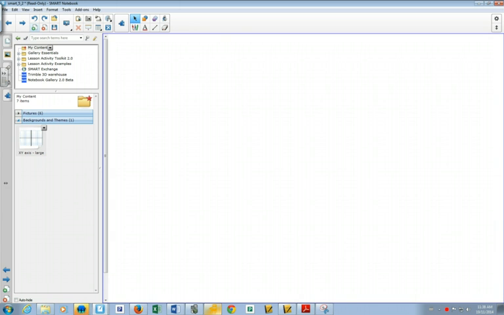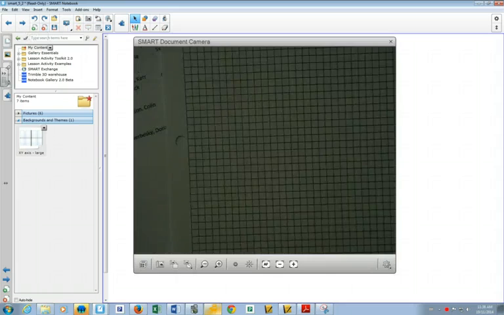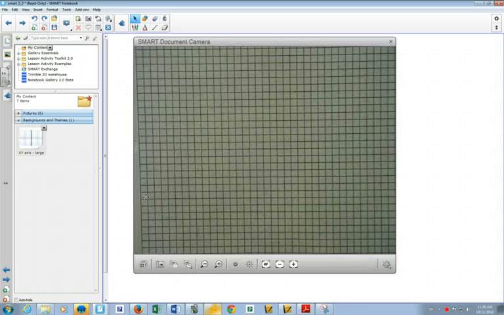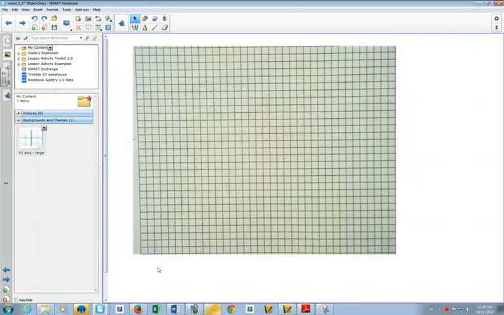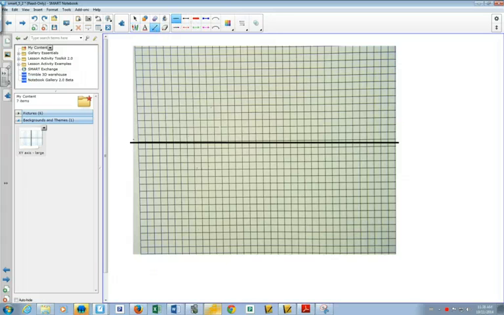I'm going to make my own graph paper. There we go. Isn't that pretty graph paper? I like it. Because then I can draw my own axes on there.